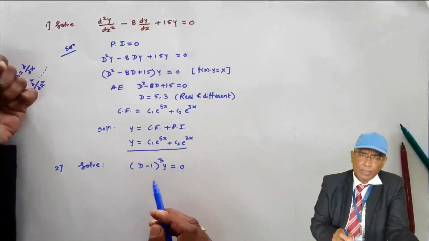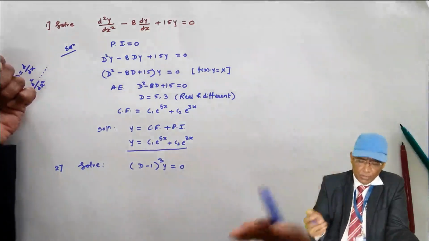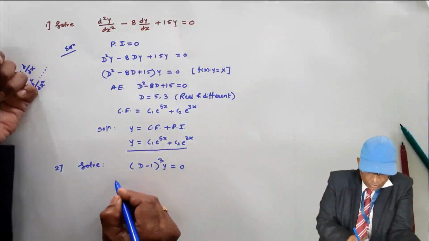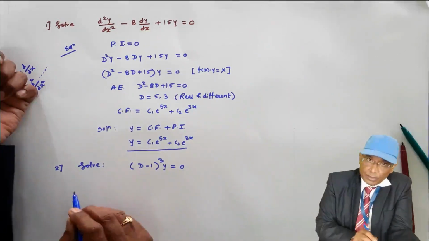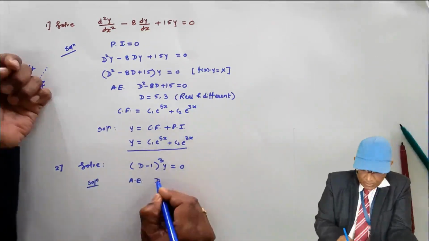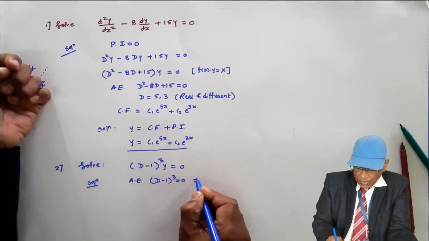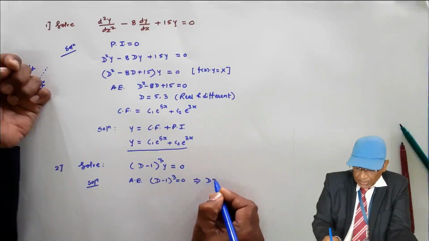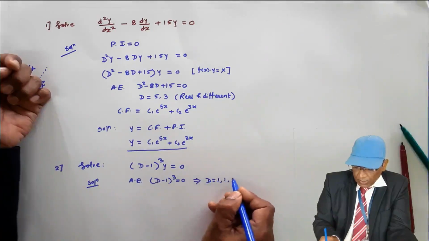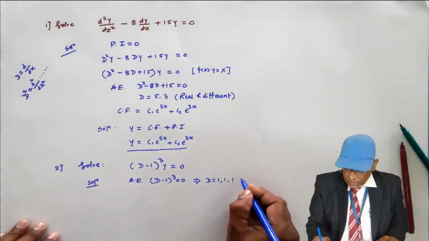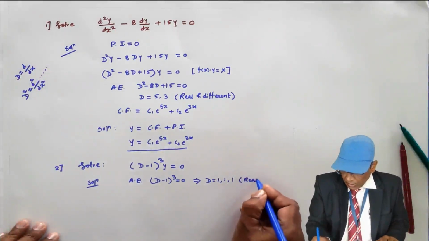Therefore the particular integral will vanish, meaning the particular integral will be 0. Now the complementary factor I am going to find will itself be the solution. Now, D minus 1 whole cube is equal to 0. This implies 3 values of D: D equal to 1, D equal to 1 and D equal to 1. And these values are real and equal.